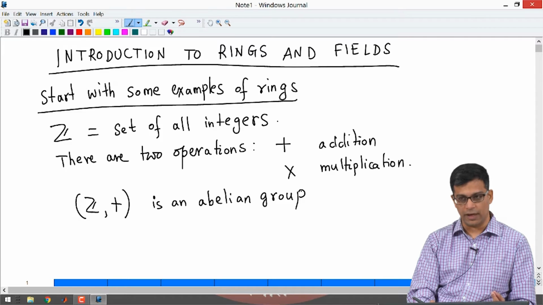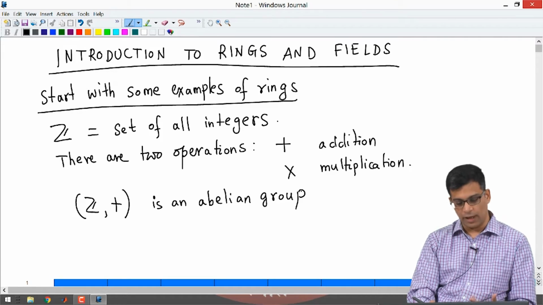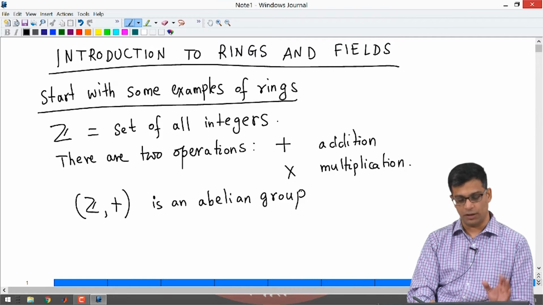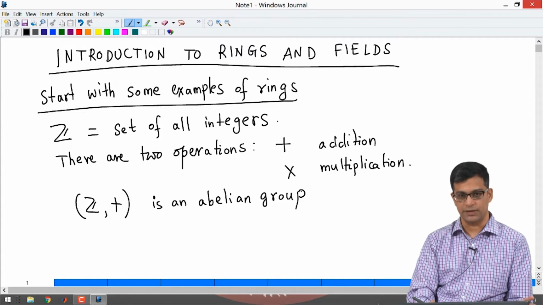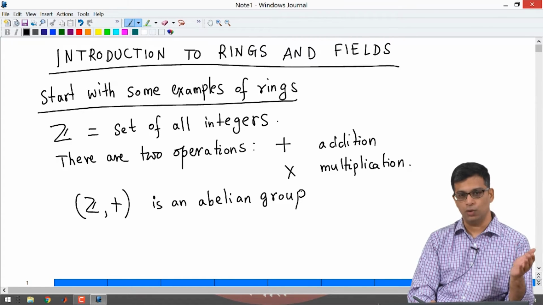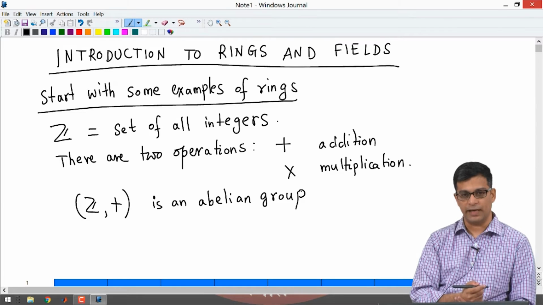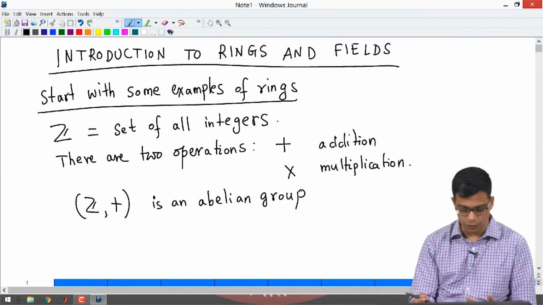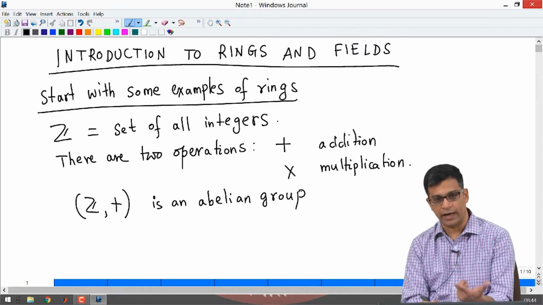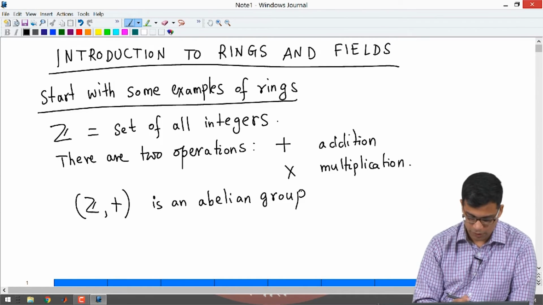There is an identity element, namely 0. 0 is the identity for addition, meaning if you add 0 to any element, you get that element back. There is also an inverse for every element, such that if you add the two, you get 0. For example, the inverse of 3 is minus 3, the inverse of minus 10 is 10. Similarly, the addition is associative, so you can add 3 integers in either of the two natural ways. So, this is an abelian group.